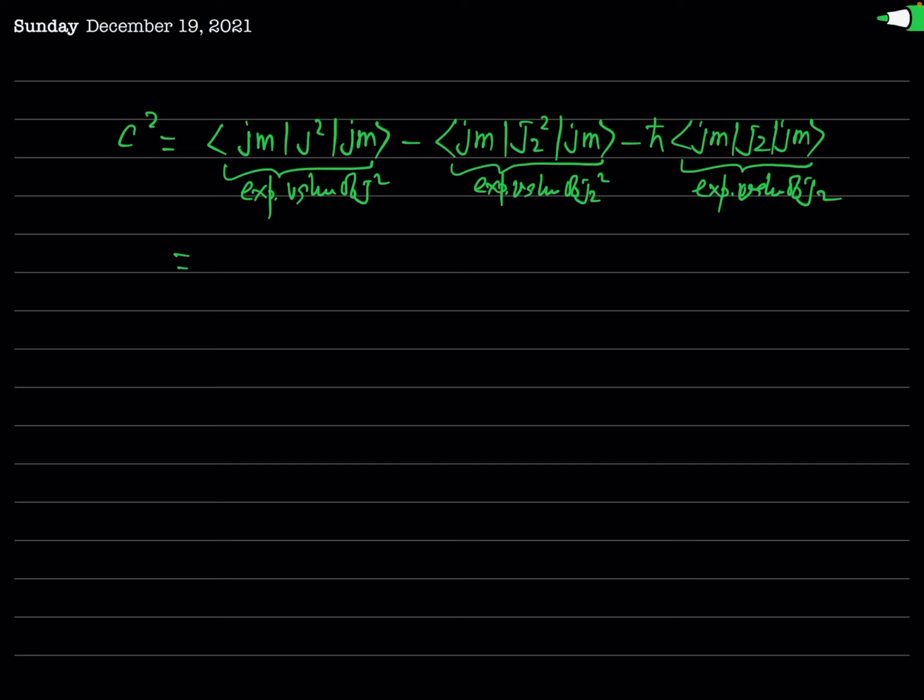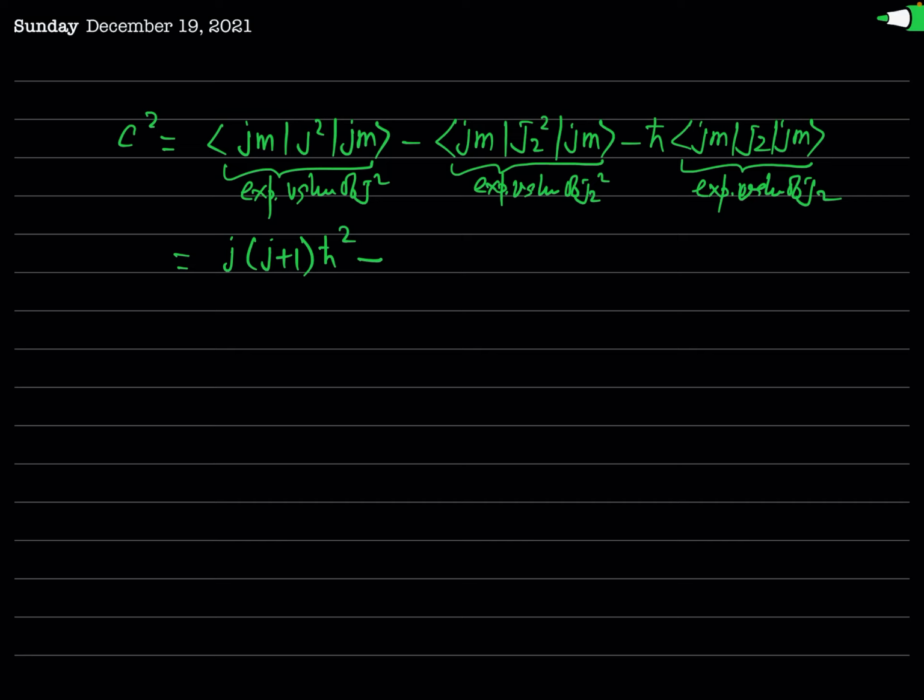You know that it is simply J into J plus 1 into h bar square. So we can write this expectation value as J into J plus 1 into h bar square.